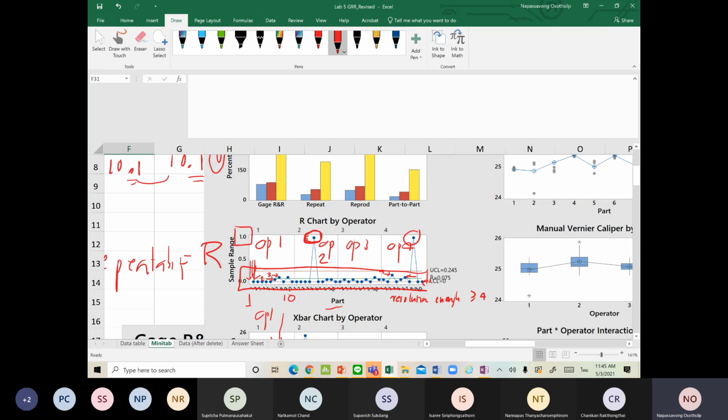I have to take a look at the data set. The first time is 24.8 and the second time is 25.8. The same thing is here.